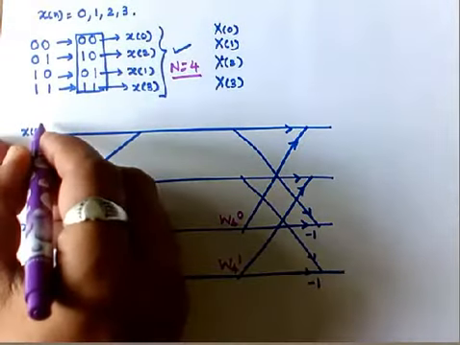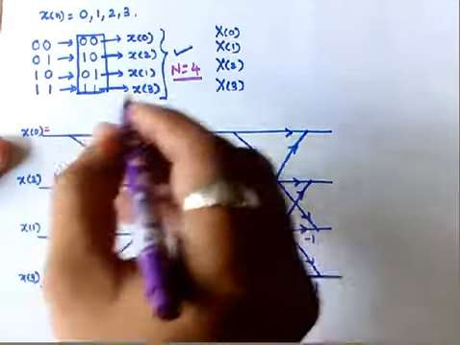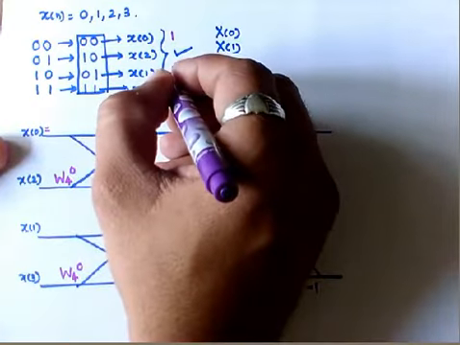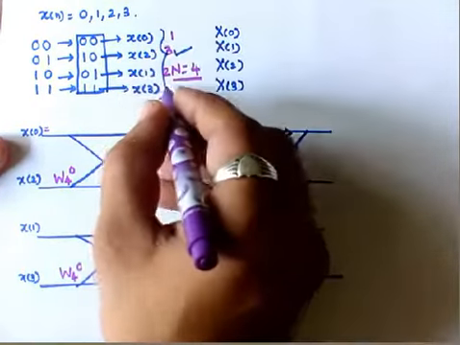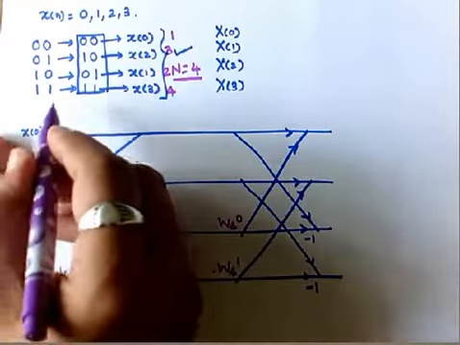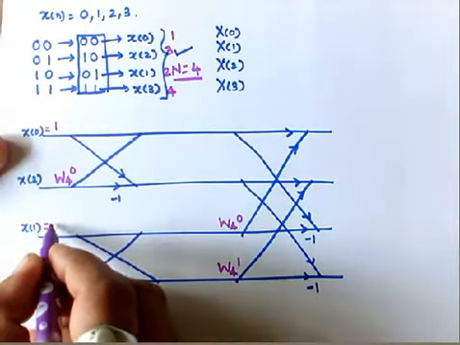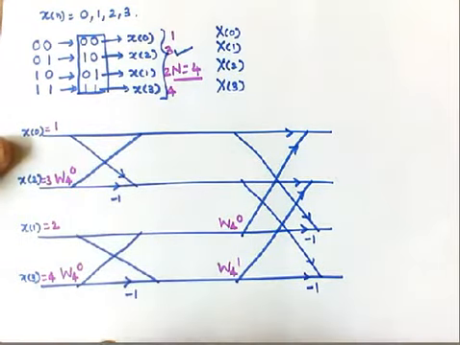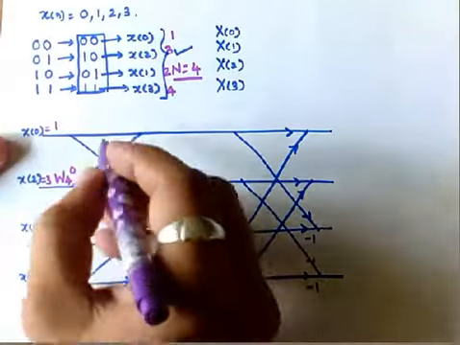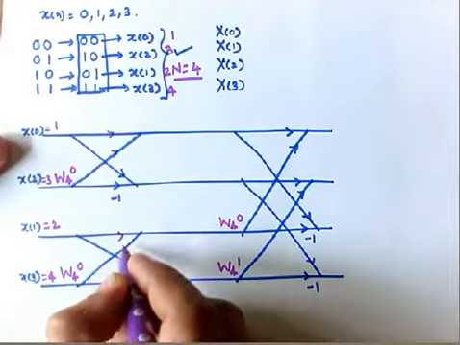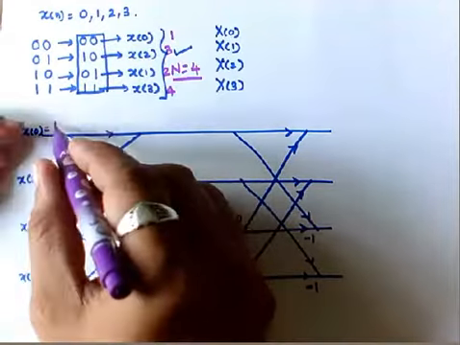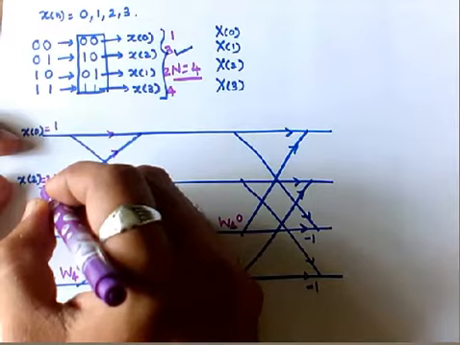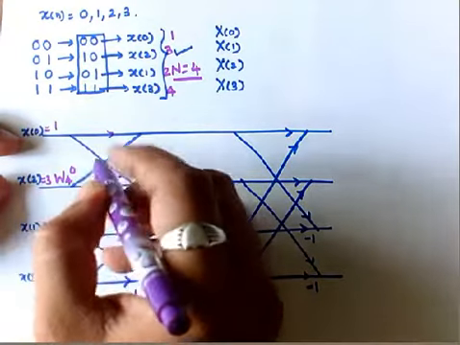x of 0 has the value, with respect to the given statement, 1, x of 1 is 2, x of 2 is 3, and x of 3 is 4. So once we solve it, the point here is x of 0 plus x of 2 into W4 raised to 0.